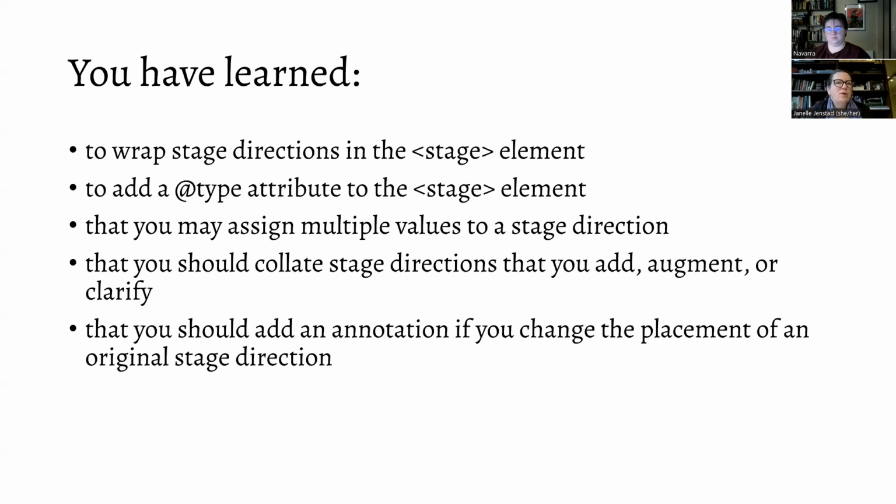You have learned that you may assign multiple values to a stage direction. You have learned that you should collate stage directions that you add, augment, or clarify. And you have learned that you should add an annotation if you change the placement of an original stage direction.